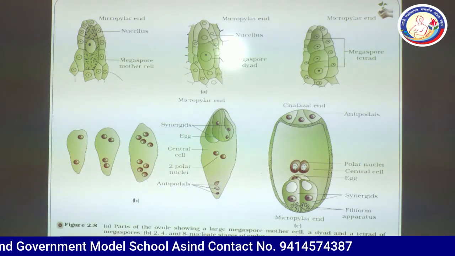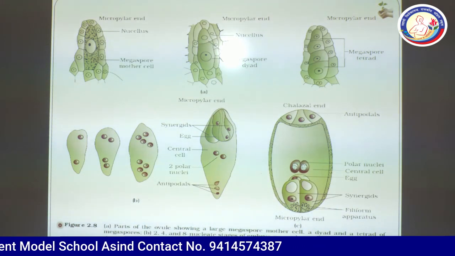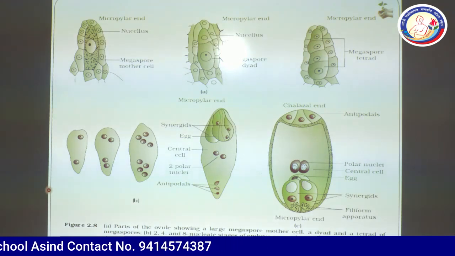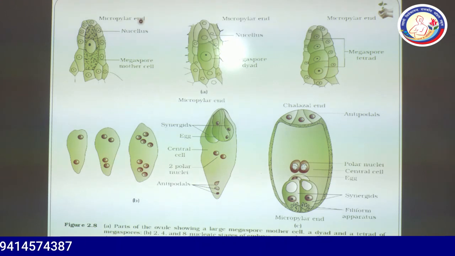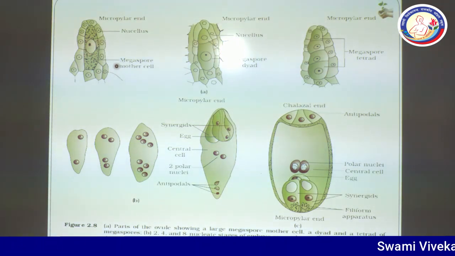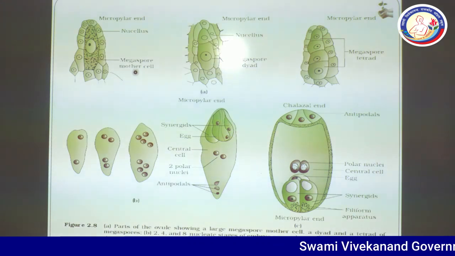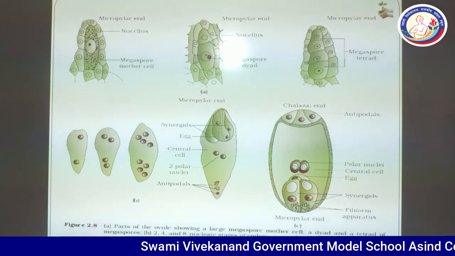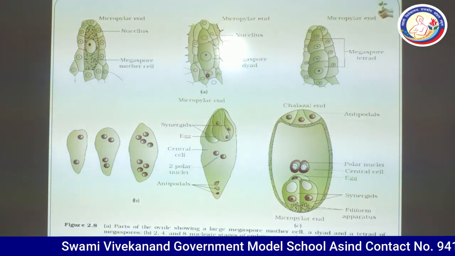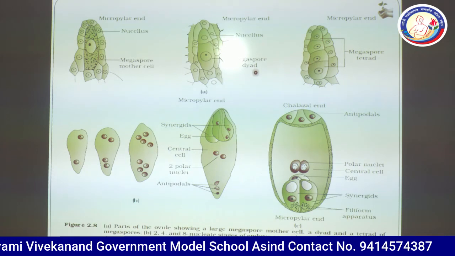You can see this is figure number 2.8, and here this is the micropylar end, and the central cell known as MMC, megaspore mother cell, will divide into 2 parts, and this 2-cell stage is known as megaspore dyad.